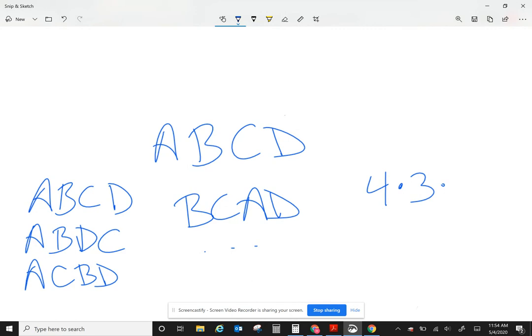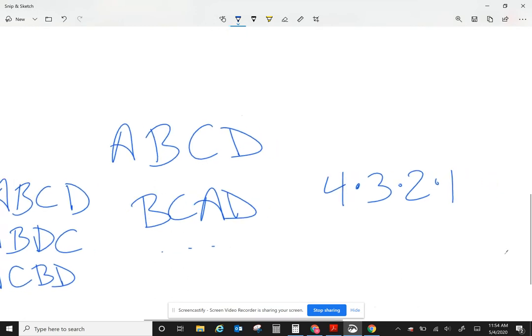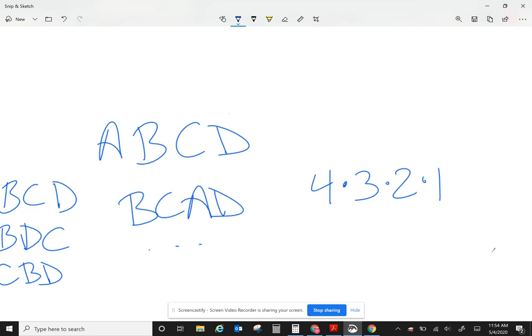Now that I remove the second letter as well, how many choices do I have for the third letter? Well, I should only have two. Now that I removed three letters, how many choices do I have left for the last letter? One. If I multiply all these together, 4 times 3 times 2 times 1, that happens to give me 24.